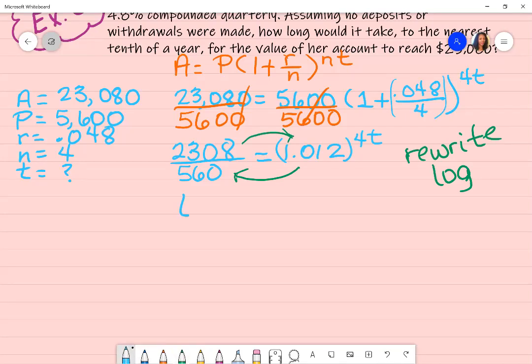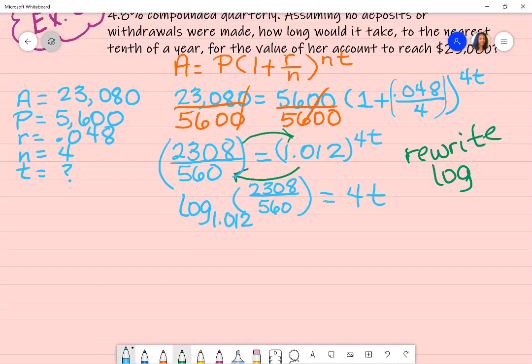So I'm going to take log base 1.012 of this entire fraction, unless you simplified it to 577 over 140, you can use that as well. So 2,308 divided by 560, and it's set equal to 4T.